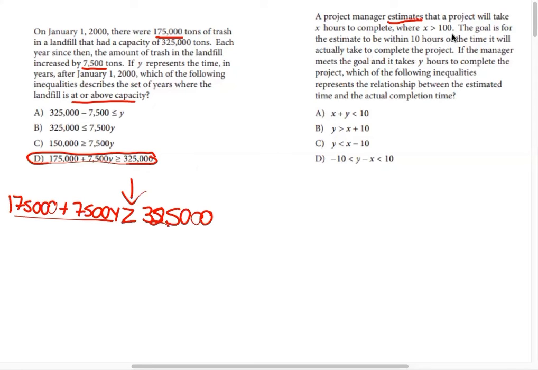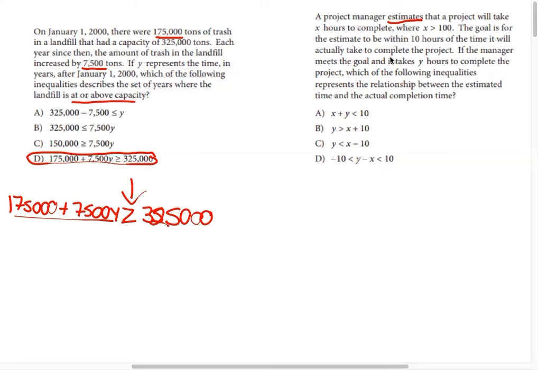So it could either be 10 hours more or 10 hours less. If the manager meets the goal and it takes Y hours, so he met the objective of being within 10 hours, and Y is that number of hours, which of the following inequalities represents the relationship between the estimated time and the actual completion time?